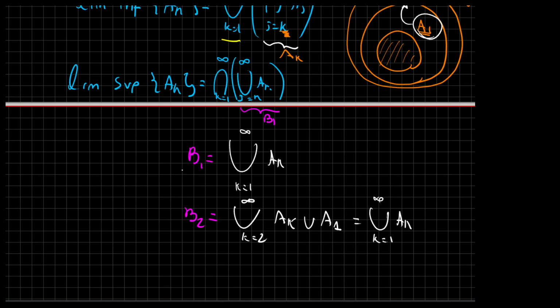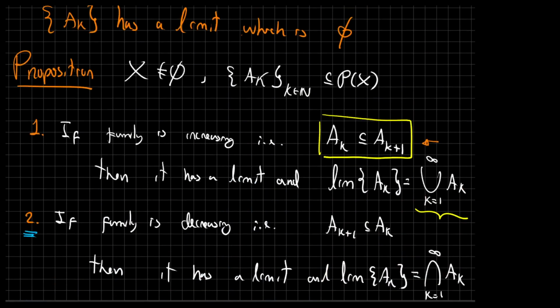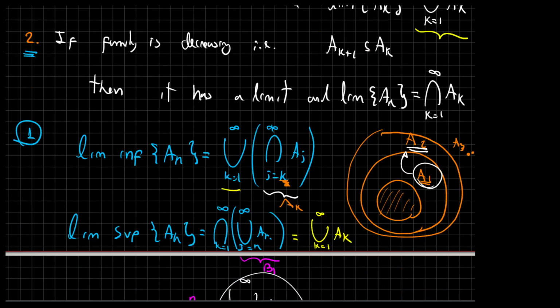In fact, everything is the same, and it is equal to this. So when you make the intersection of everything, and since everything is equal to this set, then you have this.